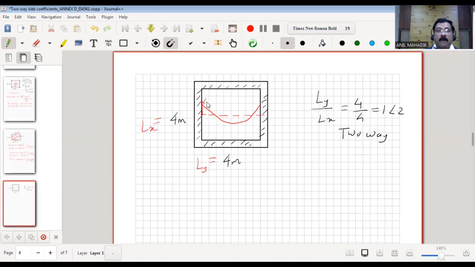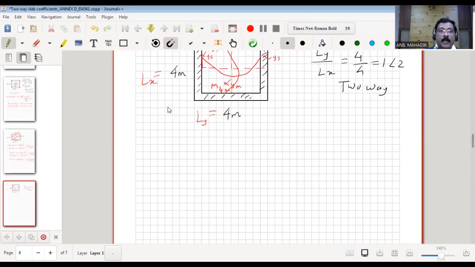So it will be alpha y support, alpha y midspan, and alpha y support. Okay, so moment will be there. My support, My midspan. Okay, so what are those values? And again, in the shorter direction also it will have the same values as we have seen. So how to do that?